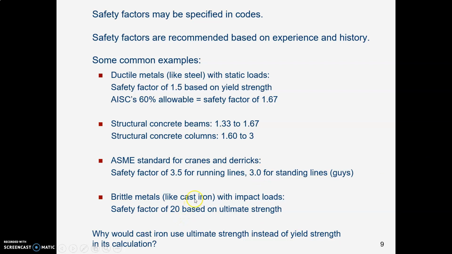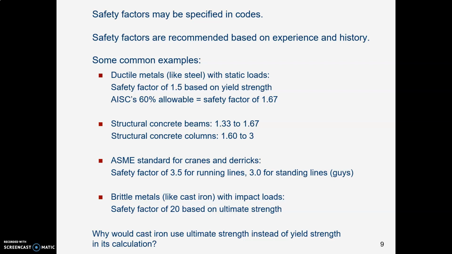Brittle materials, like cast iron, have a safety factor of 20, but that's based on ultimate strength. Question: if cast iron is brittle, why does it use ultimate strength instead of yield strength when thinking about safety factor?